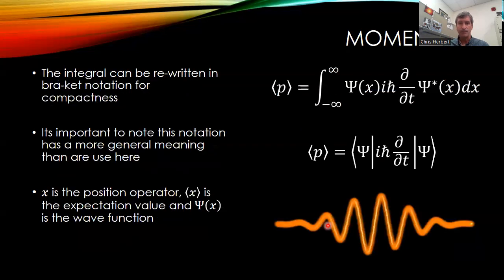So again, here would be how I calculate my expectation value for momentum. And as we'll see with our next session, the Heisenberg uncertainty principle, you're probably a little bit confused as to, well, doesn't the particle have a position? Doesn't the particle have a momentum? Doesn't the particle have a kinetic energy?